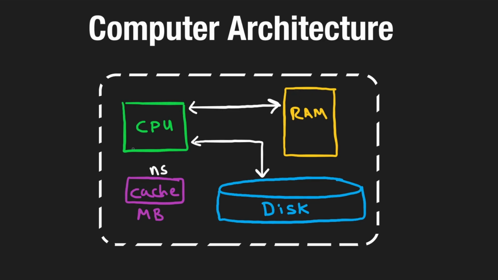But of course, the downside is that it stores a lot less data in terms of megabytes, whereas RAM is typically in terms of gigabytes and disk is typically in terms of terabytes. And the cache is mainly used as a substitution for the RAM. So what the CPU will do is it'll take a subset of the RAM, some portion or maybe multiple portions that can fit within our cache, and we want to choose these portions intelligently, at least the computer does.